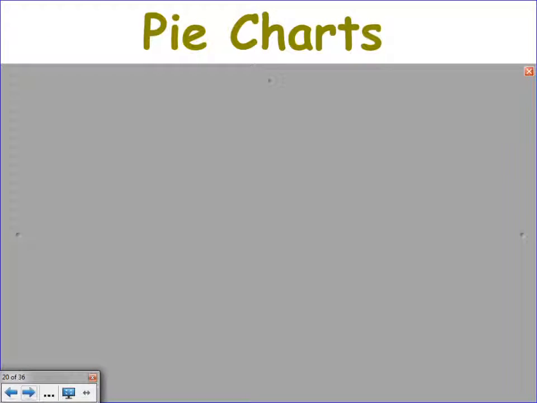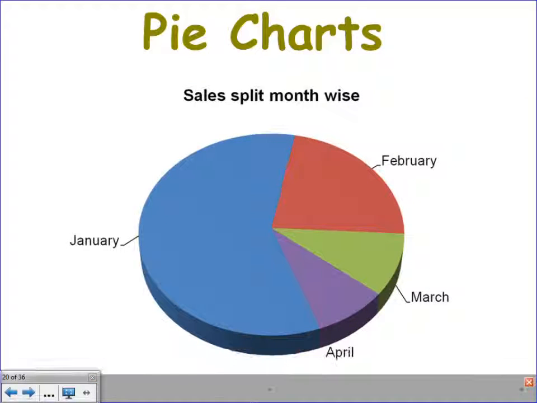What's a pie chart? Good. And what does it look like? Circle. So our circle represented by a pie. So the trickiest thing you have to do with a pie chart in GCSE foundation level is to plot one from scratch. So when you've got a pie chart here and you've got, I don't know, sales for January, February, March and April, you have to label what each of the sectors mean.